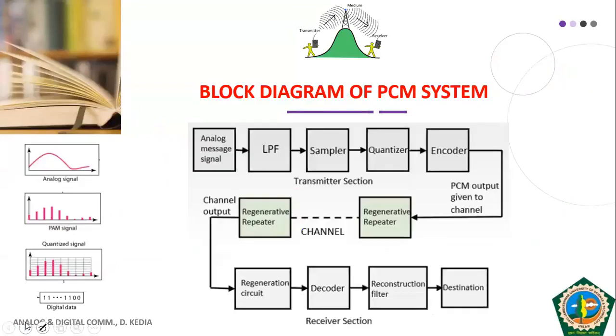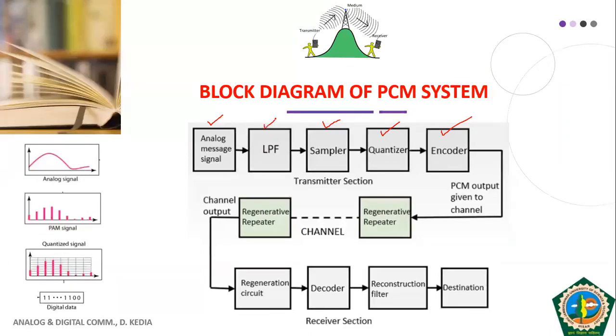Next. This is the complete block diagram of our PCM system. Since I have explained all the things in detail, nothing much is left to explain in this block diagram; everything is self-explanatory. I explained the sampler, the quantizer, and the encoder, and I told you that my starting point for the PCM system is my analog message signal.